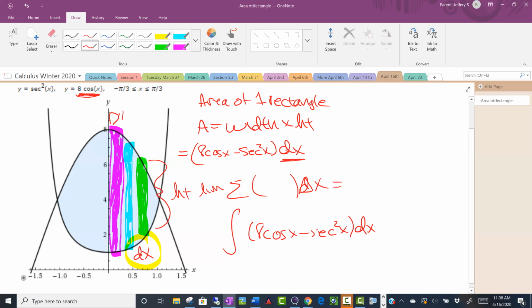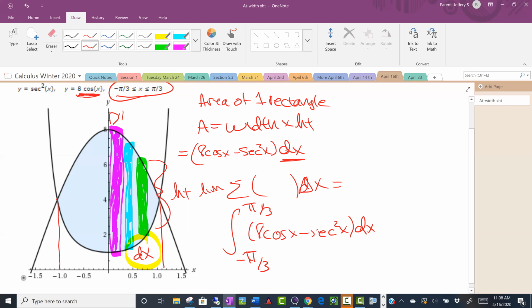Well, where do you think I should integrate it from? From where to where? Yeah, so that's going to be these right here. That's going to tell you we're going to start our integration here and end it here. So from negative pi over 3 to pi over 3.